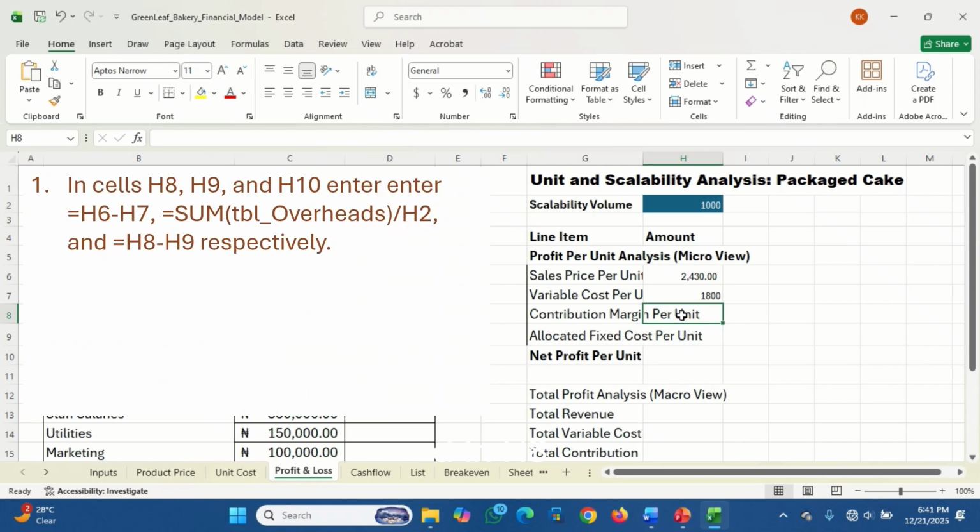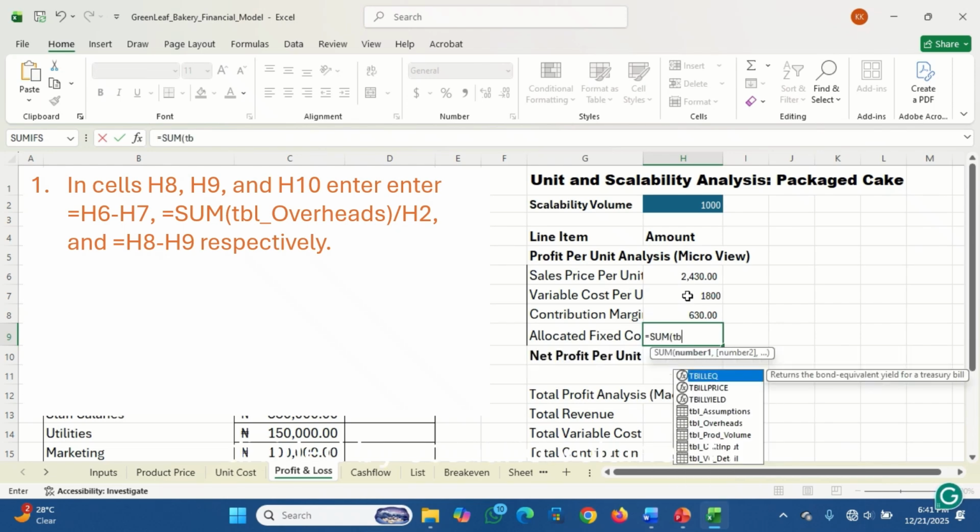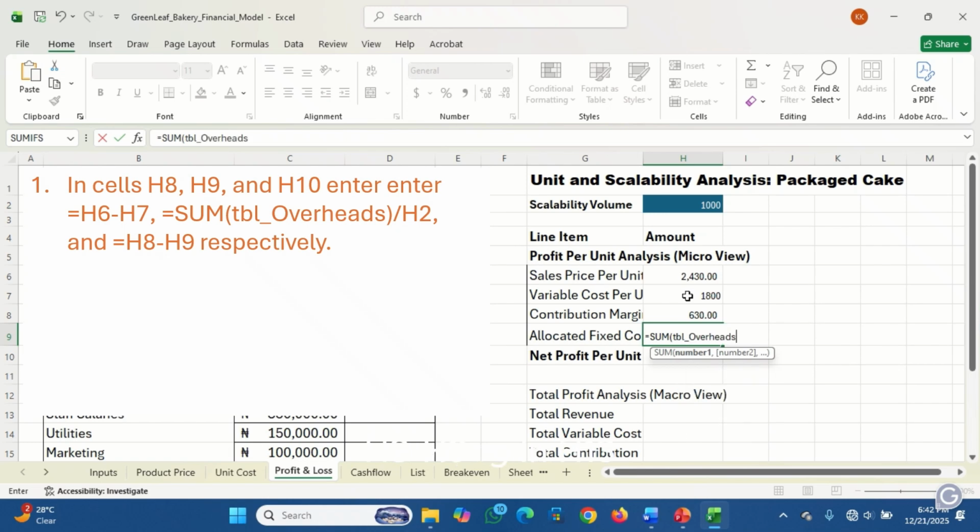D. In H8, enter equals H6 minus H7. E. In H9, enter equals SUM(TBL_Overheads) divided by H2. That is the total fixed cost divided by scenario volume. F. In H10, enter equals H8 minus H9.